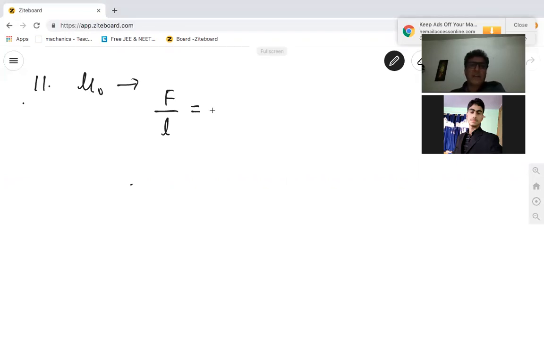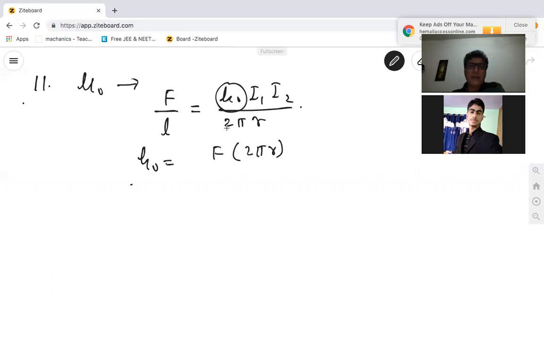Force per unit length is mu 0 into current I1 into current of the second conductor I2, by 2 pi times the distance between the two conductors. So I have to find the dimensional formula for mu 0 from this equation. So mu 0 is equal to F into 2 pi r, cross multiplied, divided by I1 I2 into L.